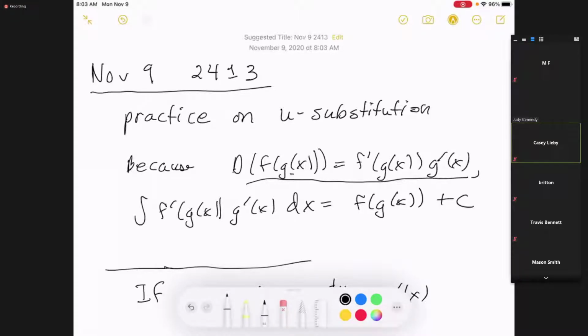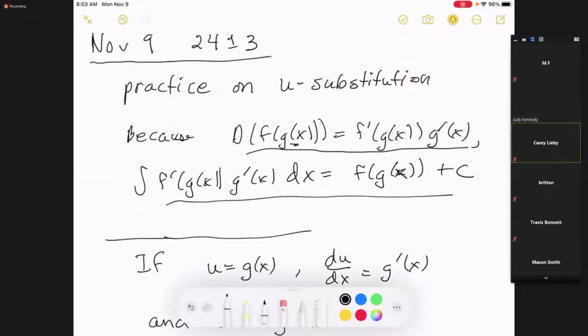So the inside function here is g of x, and the outside function is f. But if the derivative works that way, the antiderivative works the other way. And that's supposed to be an x.